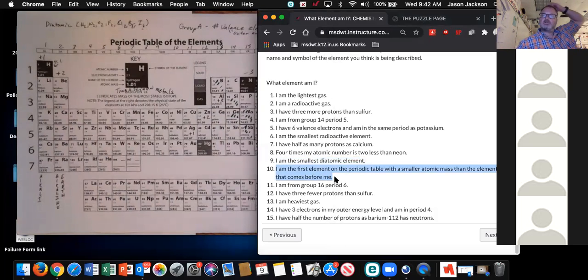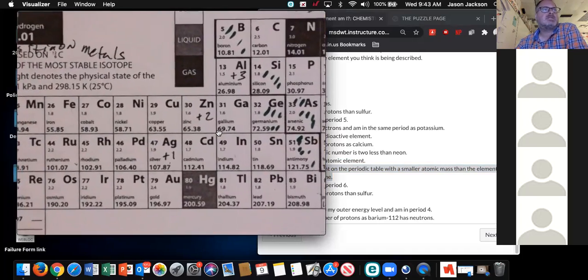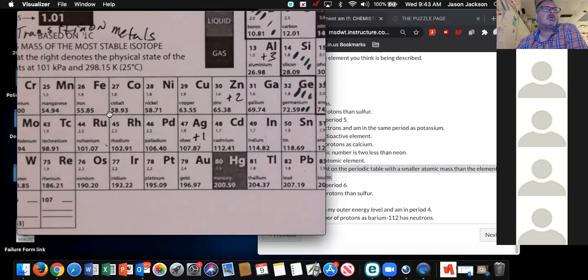I am the first element on the periodic table with a smaller atomic mass than the element that comes before me. So we're looking at the atomic masses here. See how this goes from 55.85 to 58.93. Most of the time they go up.